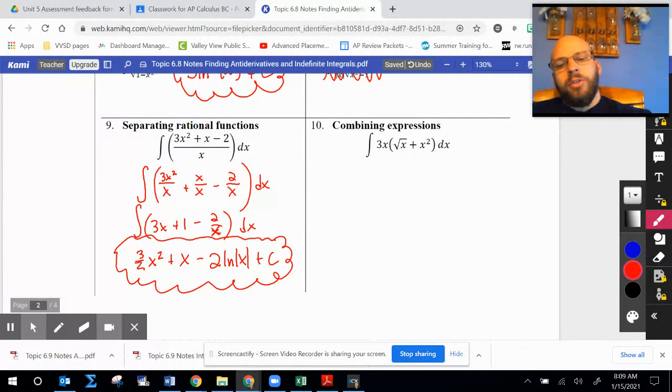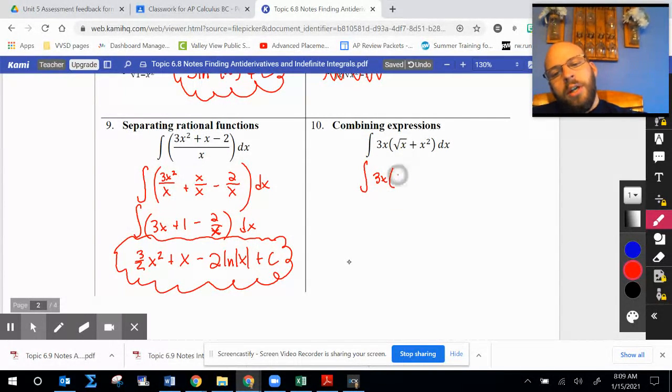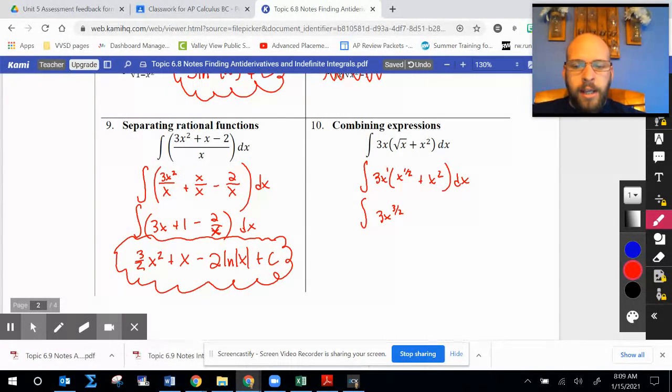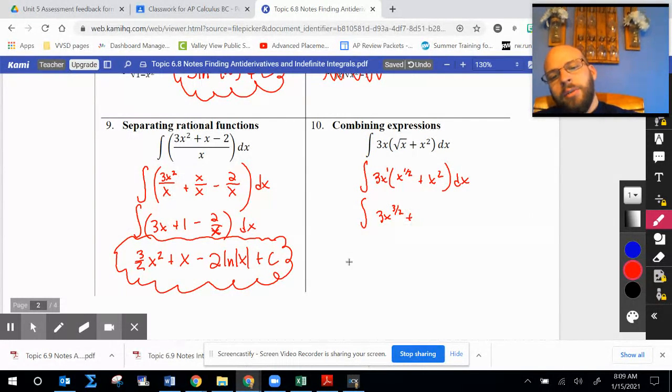Okay, now I can also distribute, right? So I'm going to show you kind of how this works. So if I distribute this, I get 3x to the 3 halves, because x to the first times x to the 1 half, you would have to add their exponents. And then 3x times x squared is a 3x cubed.